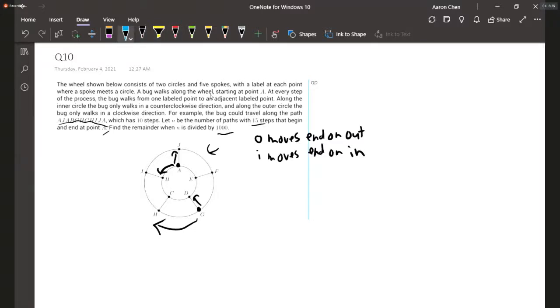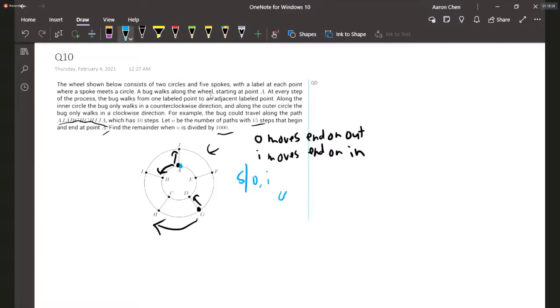Now we can use the fact that it needs to start and end at A. This basically tells us that both O and I need to be multiples of 5.